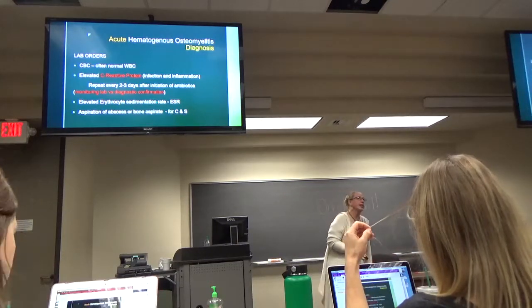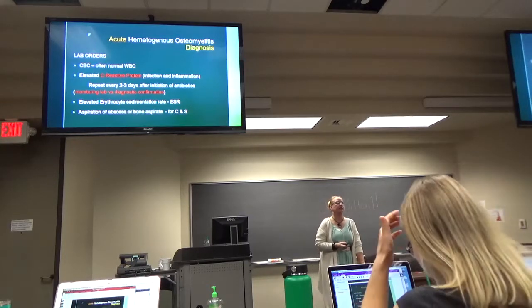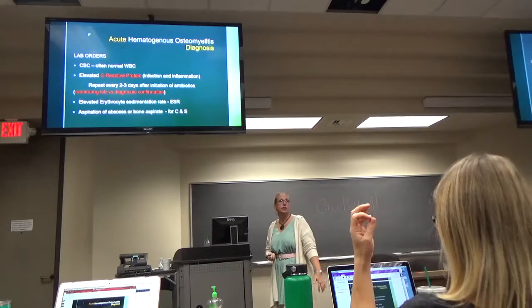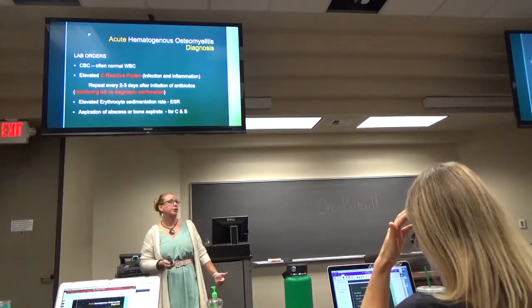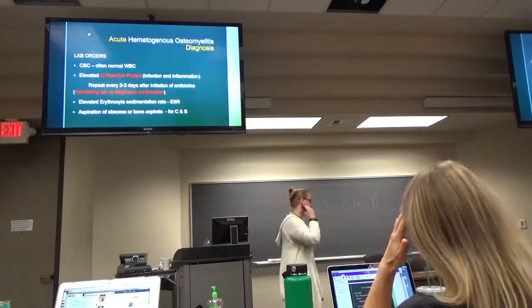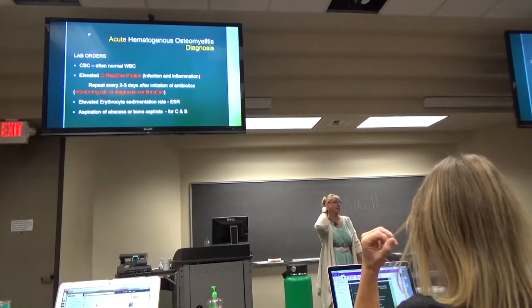Hematogenous, again, we're thinking blood, so these are the labs you're going to be doing: CBC, elevated white count, elevated CRP, sed rate also. Again, those are broad. C-reactive protein, I highlighted it on this one. It's going to help you with the monitoring of the diagnosis and the diagnosis confirmation. So repeat it every 2 to 3 days after the initiation of antibiotics.